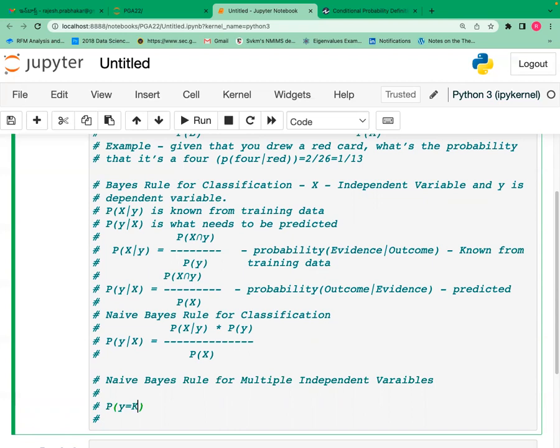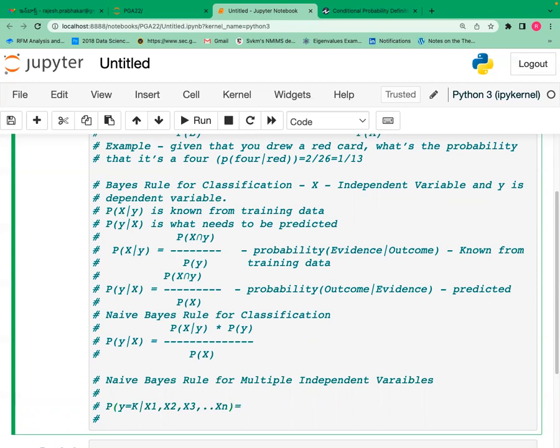The probability of y equal to 0 or 1 given x1, x2, x3 till xn.